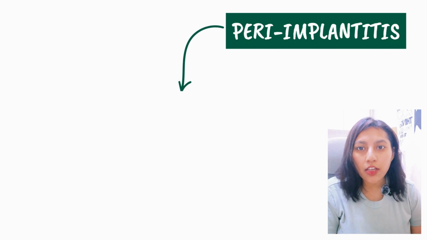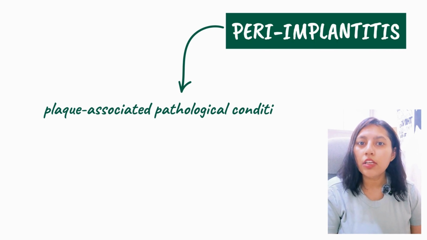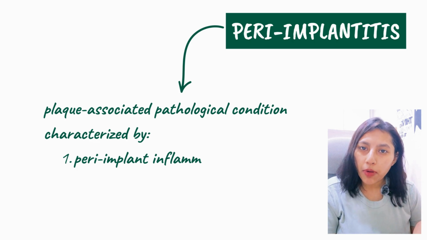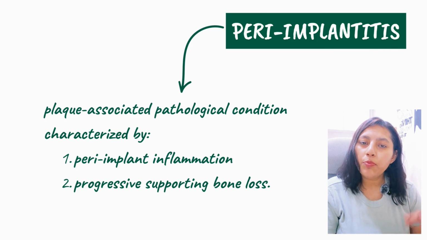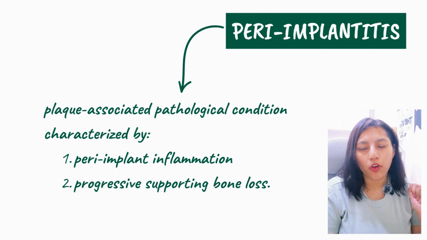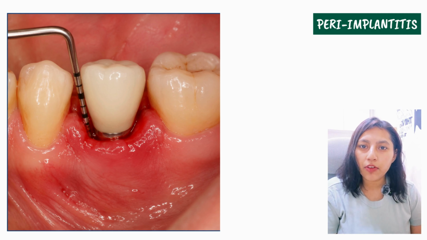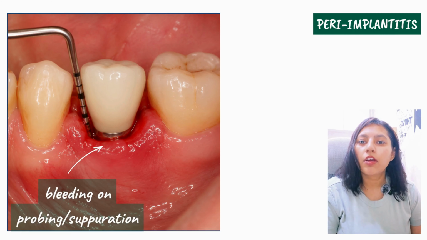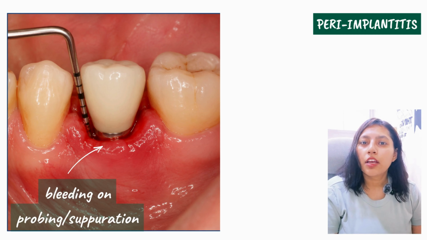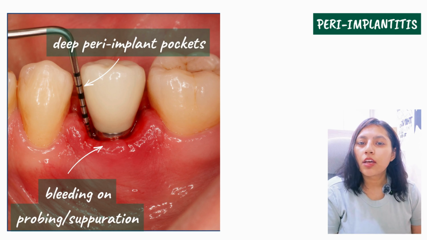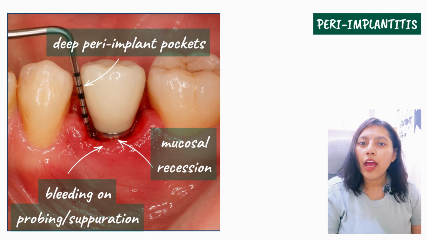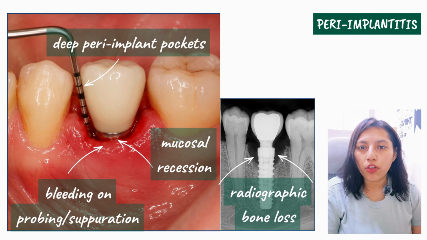Peri-implantitis is a plaque-associated pathological condition characterized by peri-implant inflammation along with progressive supporting bone loss. Clinically, a patient may present with bleeding on probing, suppuration, deep peri-implant pockets, mucosal recession, and radiographic bone loss.